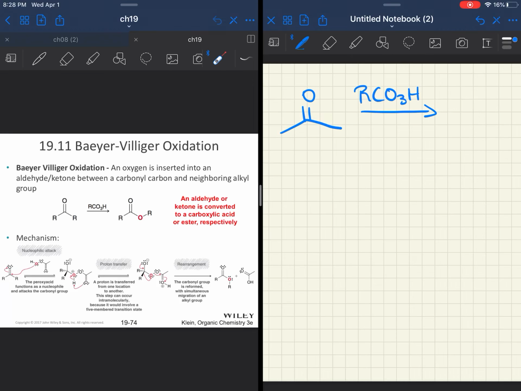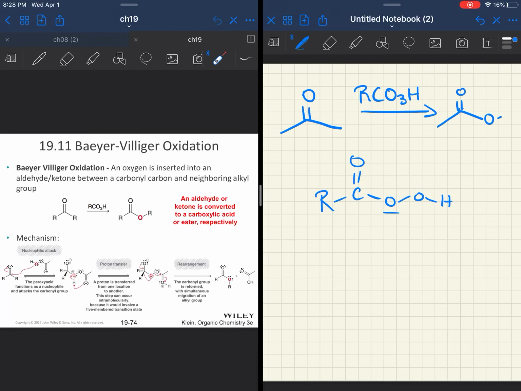You have used peroxy acids before when you made epoxides back in Organic 1. So it's a functional group that it shouldn't be completely new to you, right? If we take a look at it, it's like a carboxylic acid, but it has an extra oxygen.